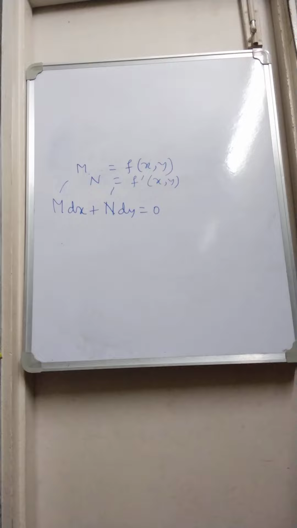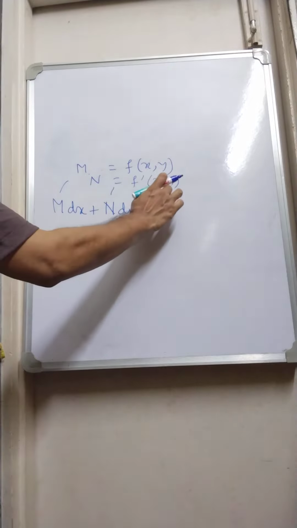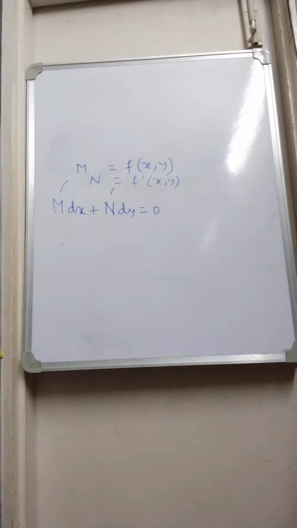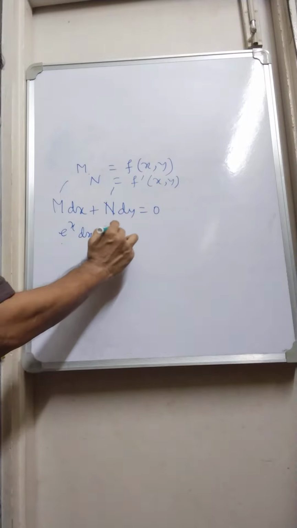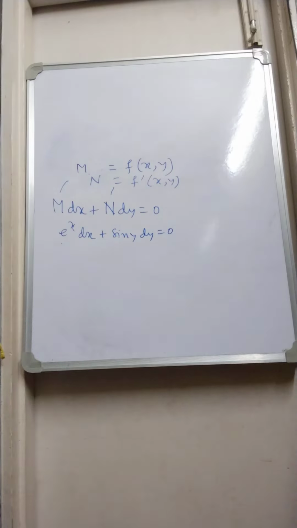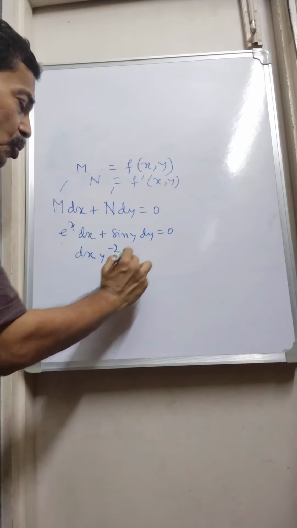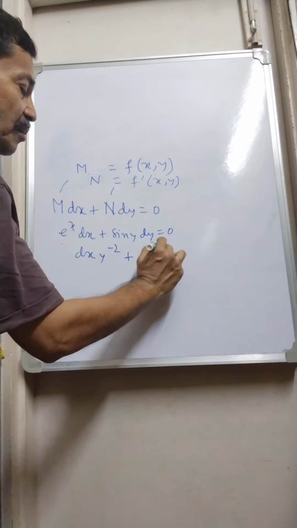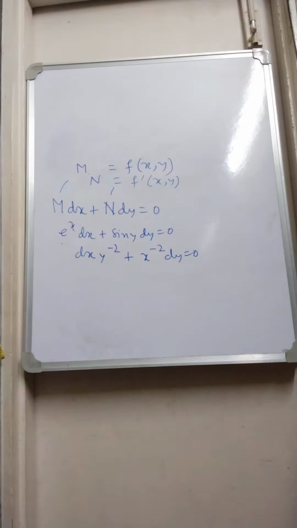Okay, now the point is that this is no longer linear, because it can be any function of x. As for example, it can be like this. Okay, it can as well be like this, dx y to the power minus 2 plus x to the power minus 2 dy, and a plethora of forms.